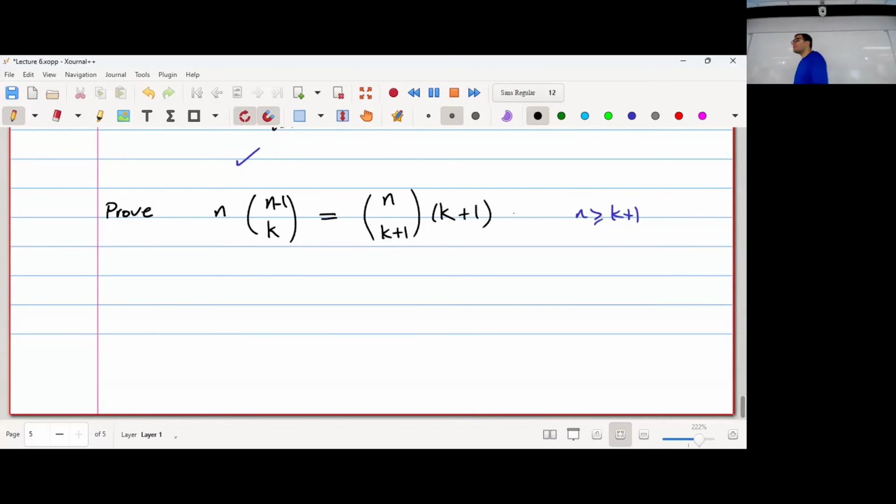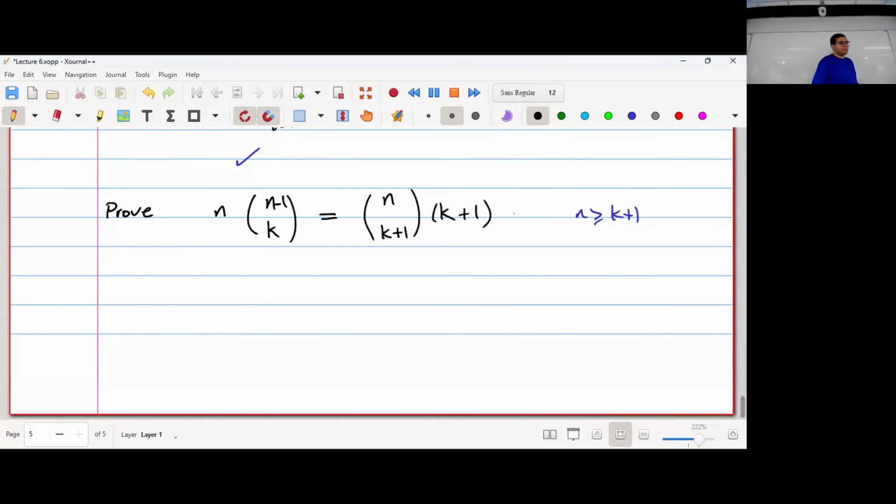I always have problems with plus 1 and minus 1. I think you want to choose K people from N people, and then you consider whether someone is in.